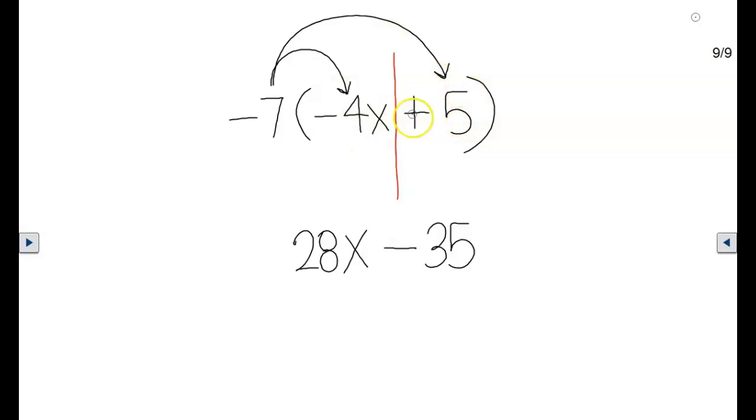And then this second one, the plus or minus sign that you have right here will tell you if that's a positive 5 or a negative 5. But you're still multiplying both members of the group by that outside number. And letting whether this second part turns out positive or turns out negative tell you what sign to put right here.